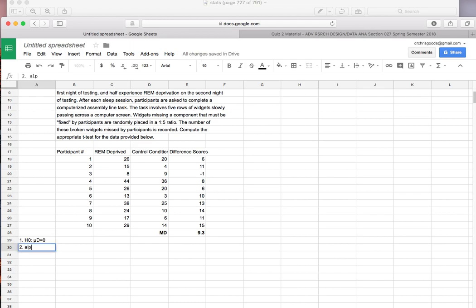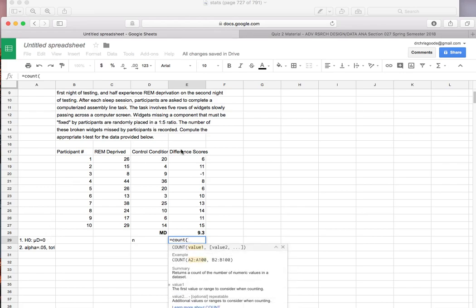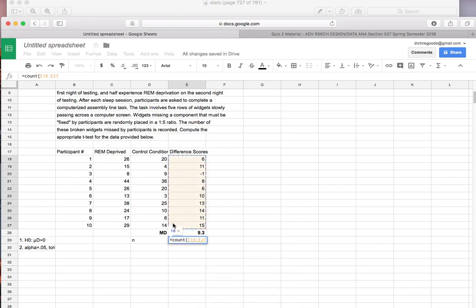For number 2, we're going to set an alpha of 0.05 and look up our t-crit, which means that we're going to need our n, which is just the count of how many difference scores we have. Once again, that's 10. And our degrees of freedom, which is n minus 1. Let's bold these and save them.